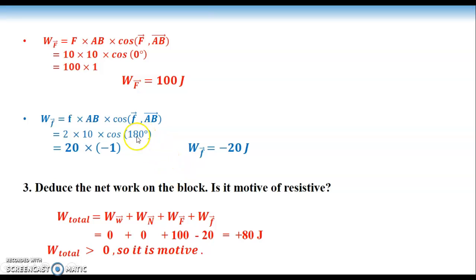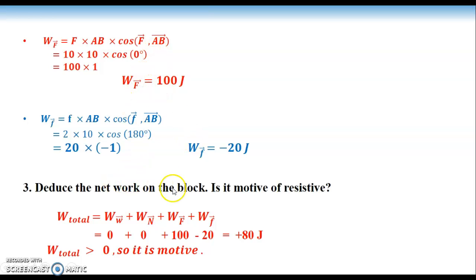So cosine 180 degrees equals minus 1. Go back to the trigonometric circle and check it. So 2 times 10 times minus 1 is equal to minus 20 joules. So the friction force is participating in opposing the motion. It is resisting the motion of the block by the motive force, which is F.